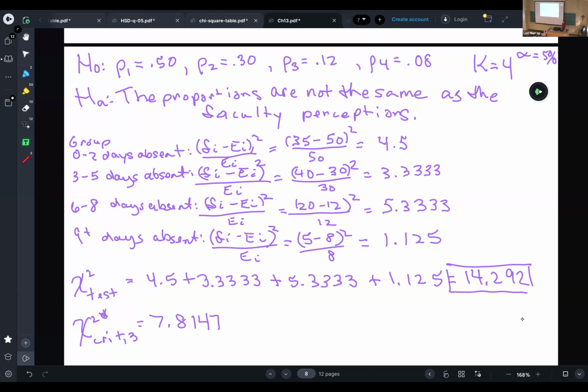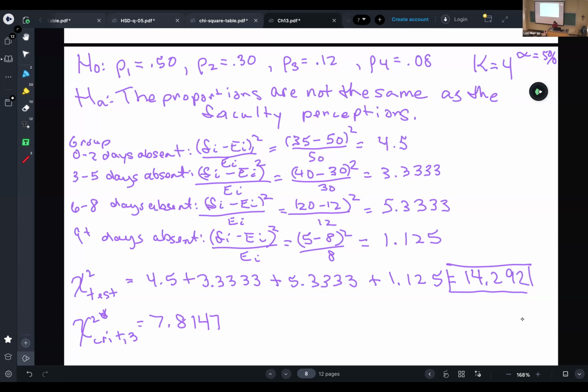So the faculty perceptions versus what the students actually did. We're looking at the actual data. So what they expected to see in absenteeism versus what they observed when they calculated the actual, what do we conclude? Is there a difference? Yes, there is.